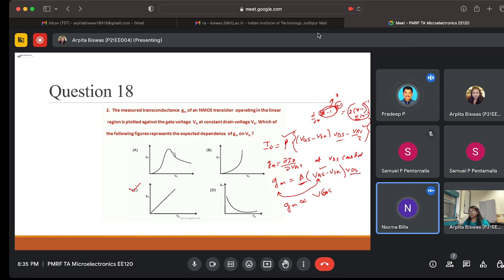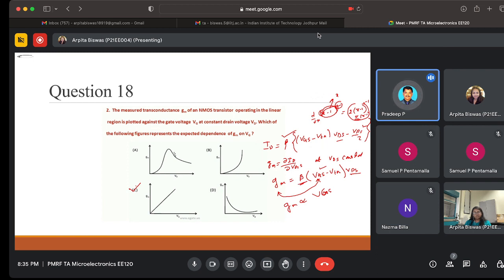Madam, is it applicable for the saturation region also? In the saturation region, what is the value of GM? It is independent of VDS, and it is also mu Cx into VGS minus VT.